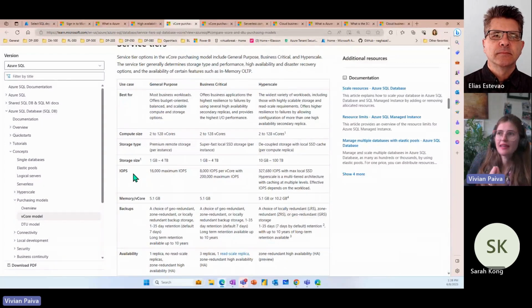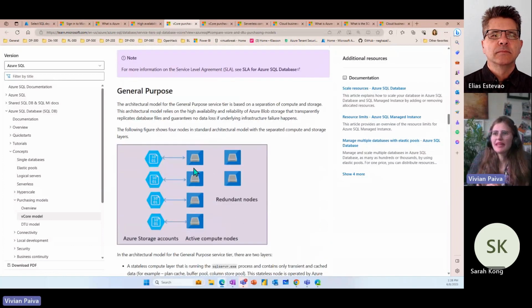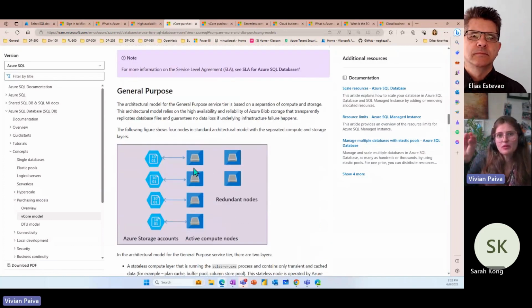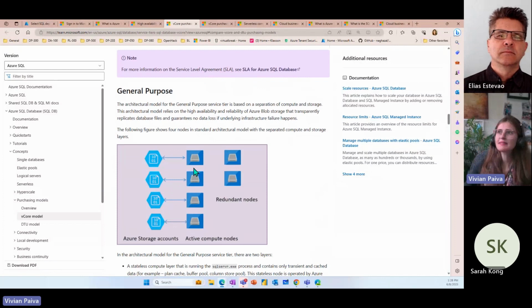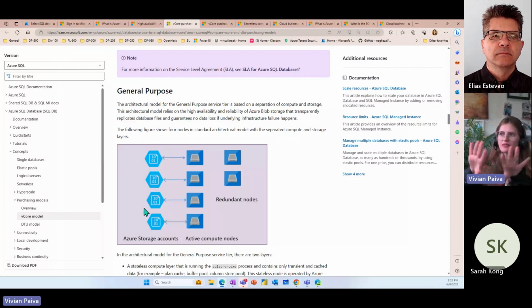It's going to impact the IOPS, the amount of storage that you can have there, the backup, but also the high availability that's built into that database. If we think about general purpose, we have compute nodes and the storage account. They are redundant, but they are detached.